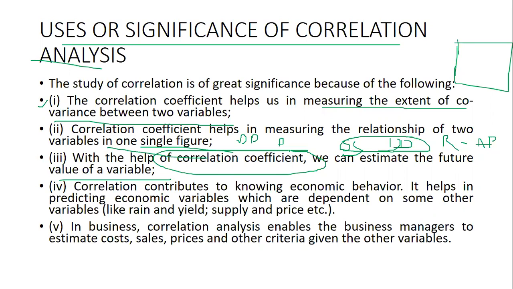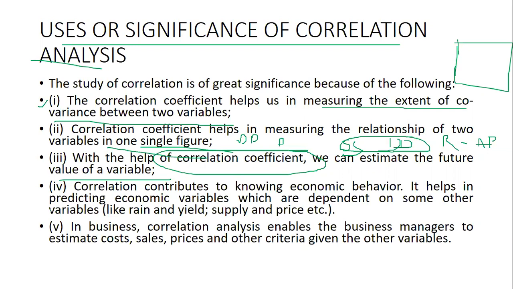So I get some rough idea. Now, if I understand that estimation of the future, I can take some steps or make some changes so that I will be able to increase my profit.